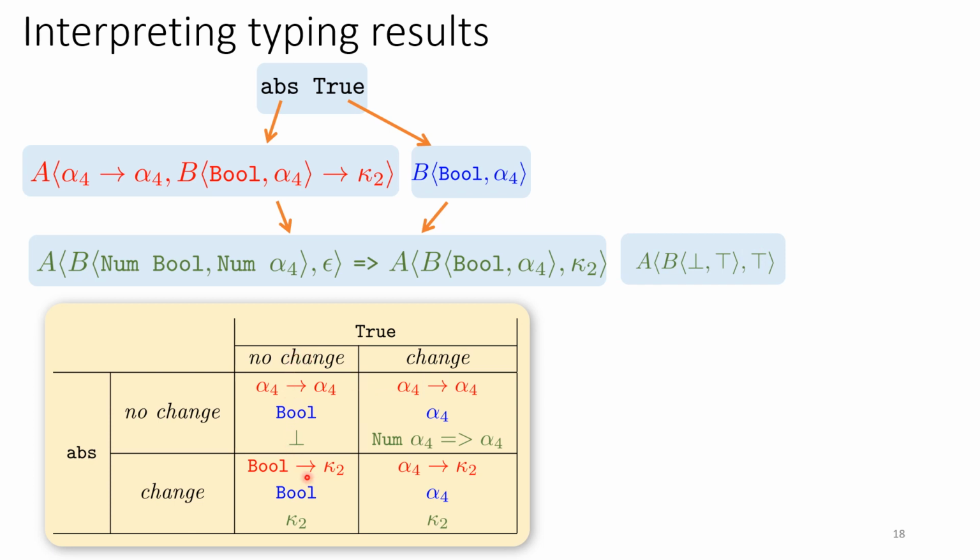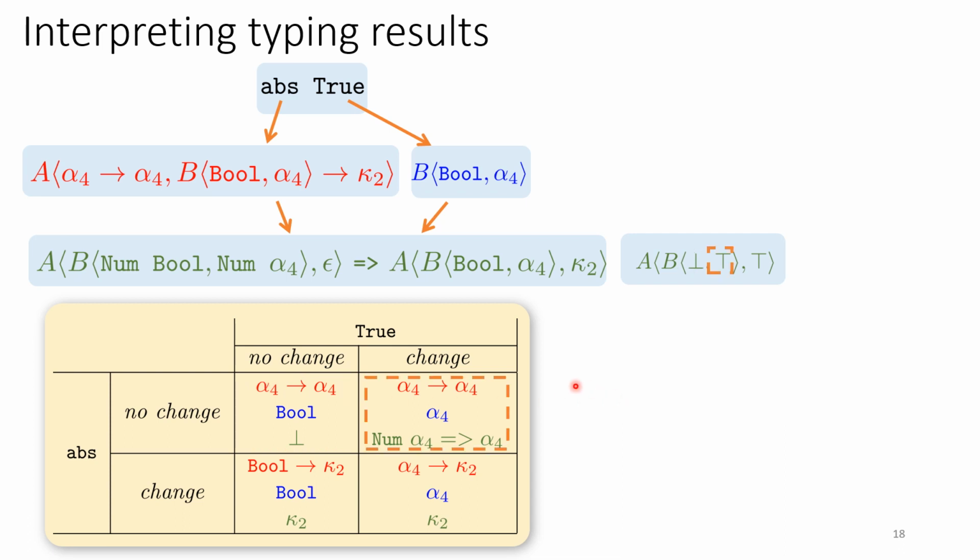For example, if we don't change x or x2, then it corresponds to taking this part in the first alternative of A and B. So we have a bottom sign to indicate that this expression is indeed ill typed.